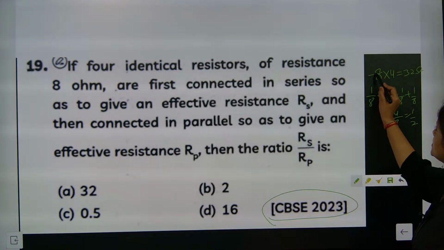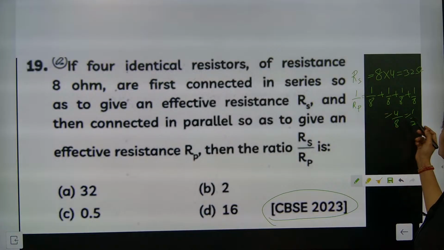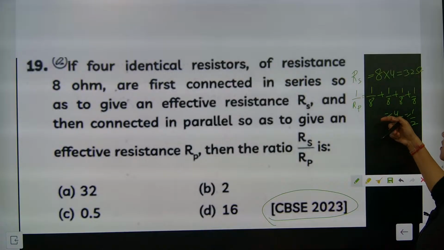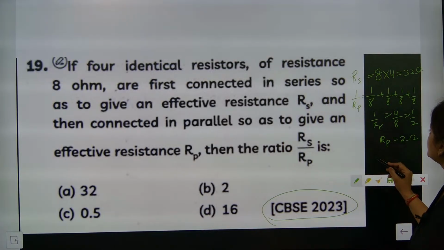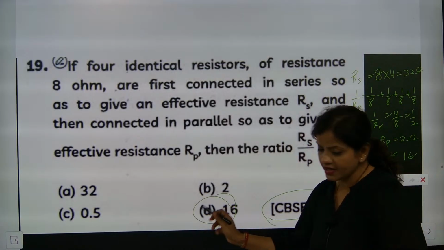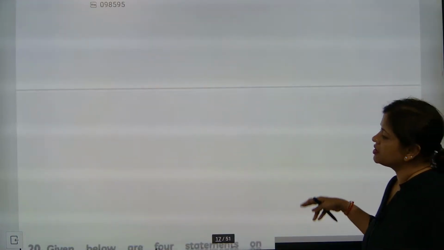So this is 1 by resistance in parallel, so resistance in parallel will become 2 ohm. So now resistance in series by parallel is 32 by 2. So how much will it come? 16. So the answer will come as D. I hope everybody understood this one, but this is cheating.